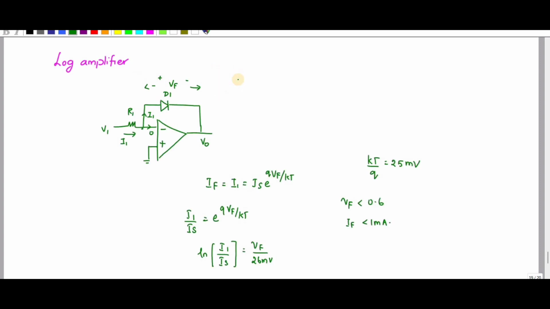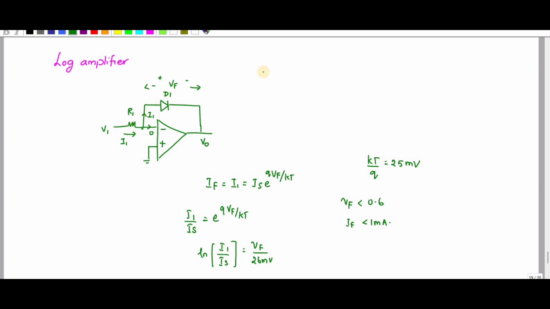So therefore I can write VF is equal to 25 or 26, okay, 25 millivolt into ln of I1 by IS.